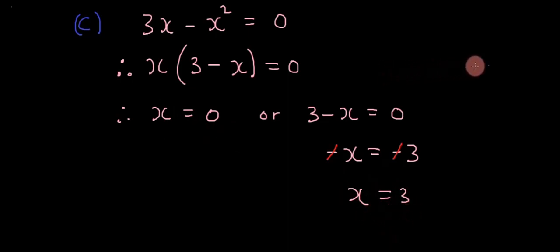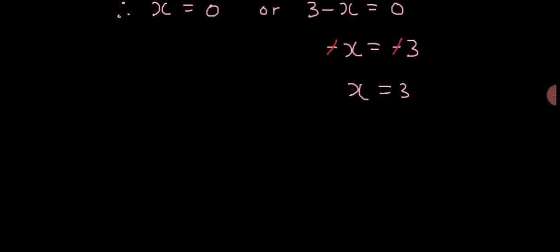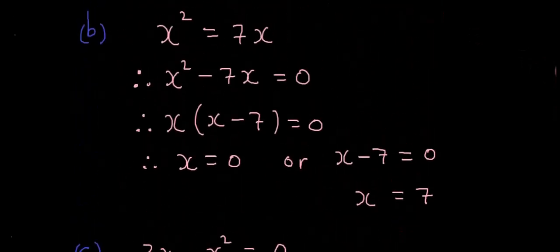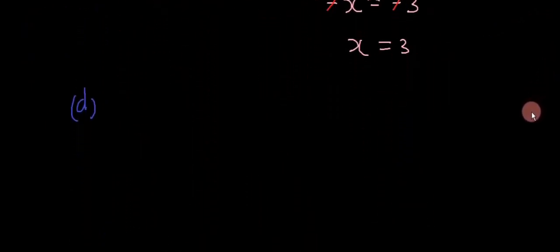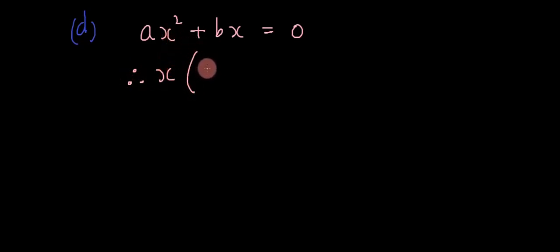Let's solve the last equation. So D, ax squared plus bx equals 0, and we are also told that a isn't equal to 0. Taking out a common factor of x here, x into ax squared, ax times, and x into bx, b times.